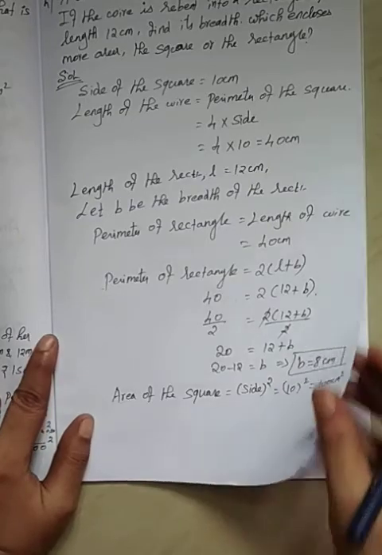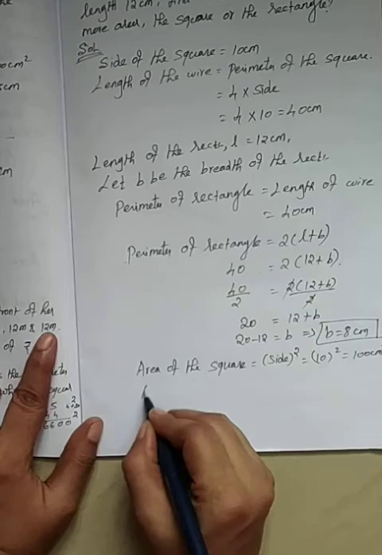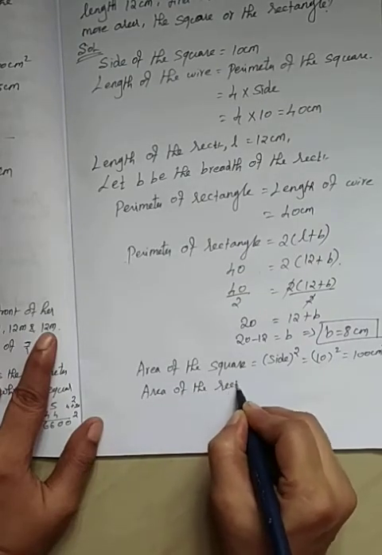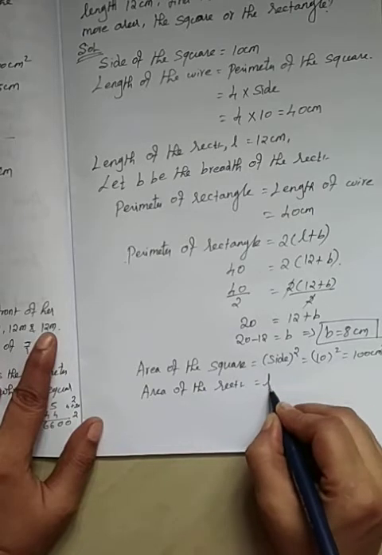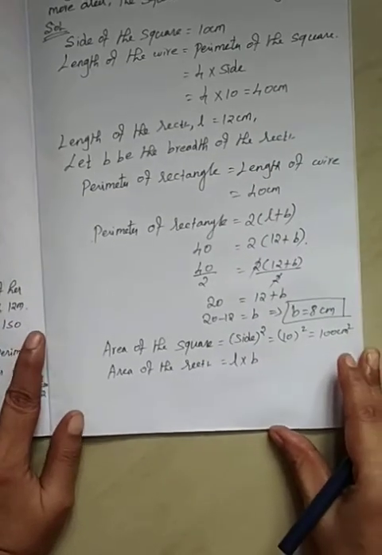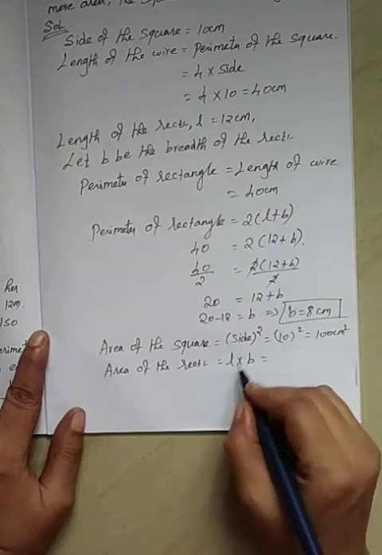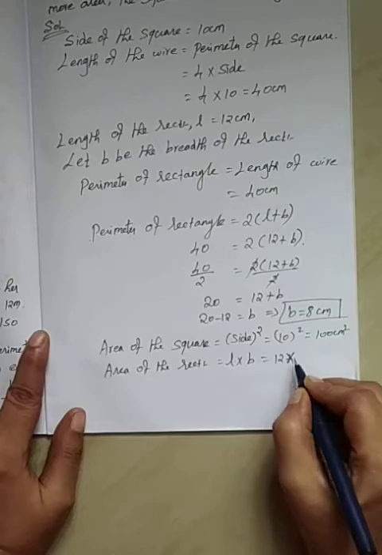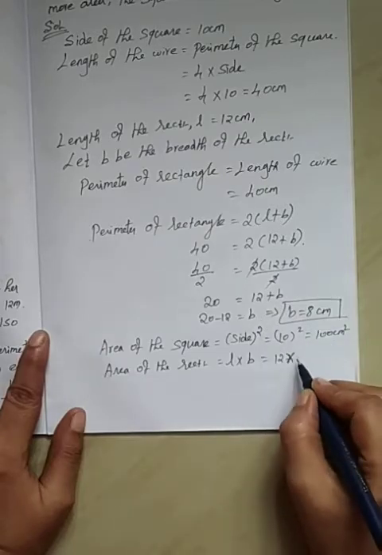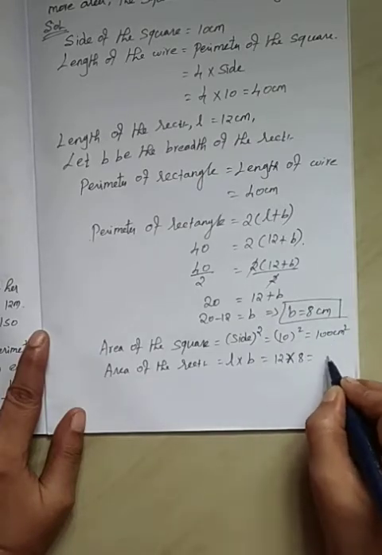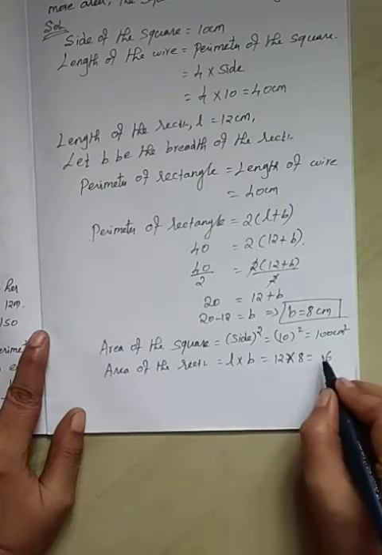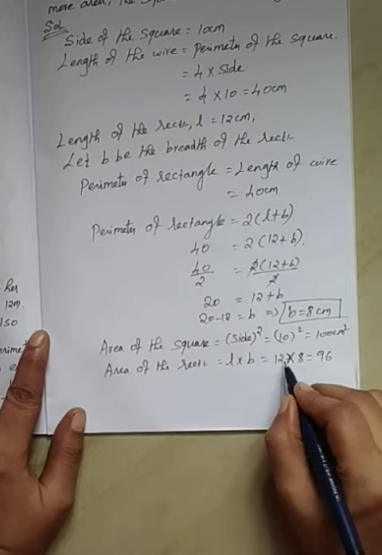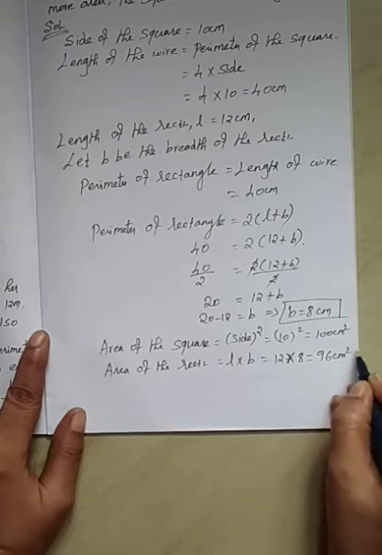Next you have to find area of the rectangle. What is the area of the rectangle? Length into breadth. Right. See here, what is the length? 12 centimeter into what is the breadth? 8. 12 into 8, 8 2s are 16, remainder 1, 1 8s are 8, 8 plus 1 is 9. Okay, see here, centimeter into centimeter means centimeter square.